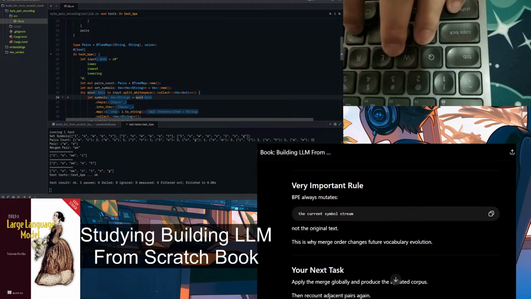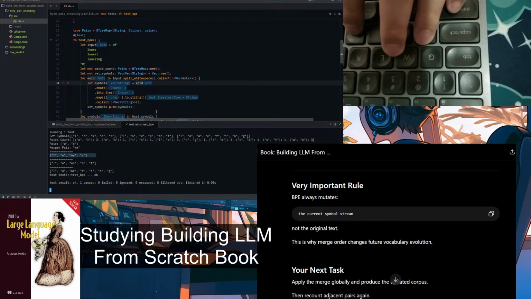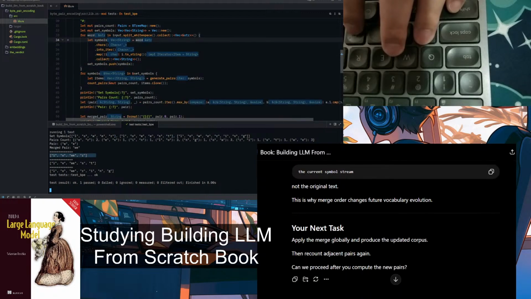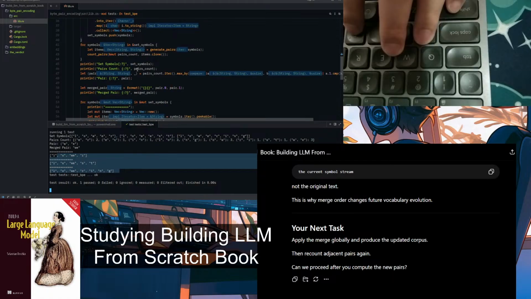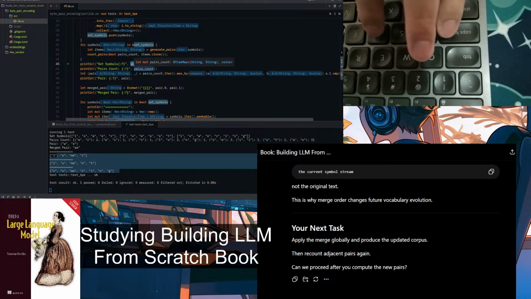Okay, so nagawa na natin na ganito siya. And then, try ko pang muna si ChatGPT. So, in-update ko yung global corpus ko na set symbols.